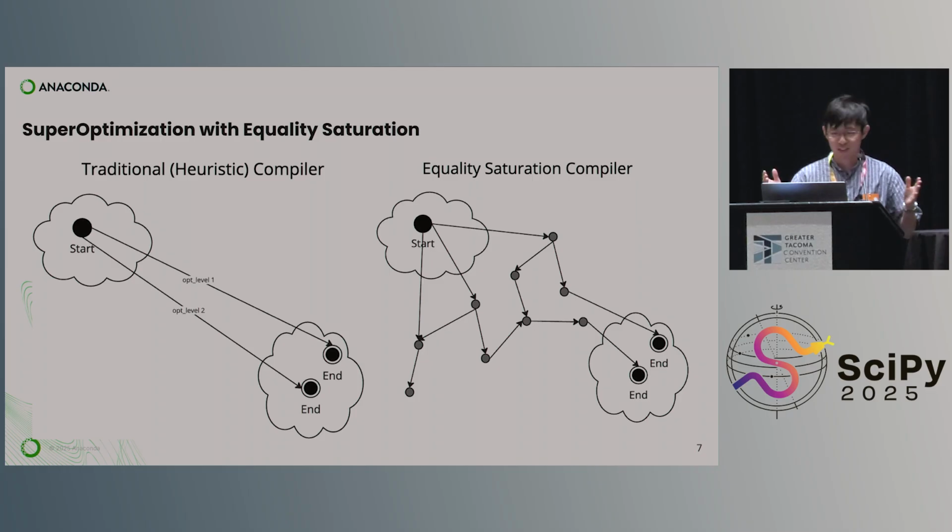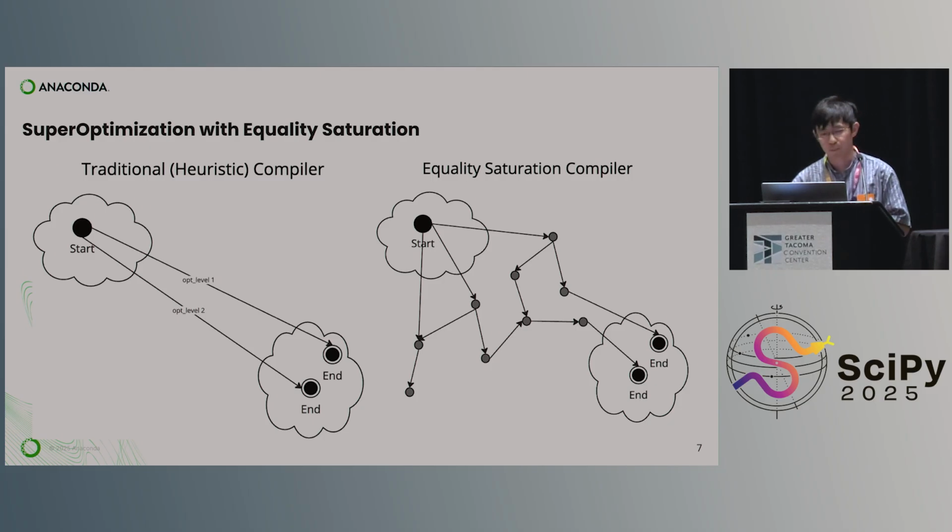You always run the same set of passes, and this is basically a straight line, more or less. In equality saturation, your compiler becomes a search. Given a set of rewrite rules, it tries to derive variations of your program using these rules and explores the entire space of programs with equivalent semantics. Then at the end, you get the best one by evaluating all of them.